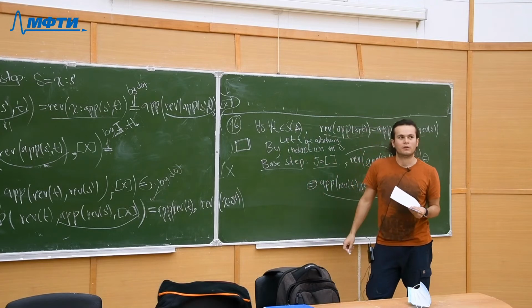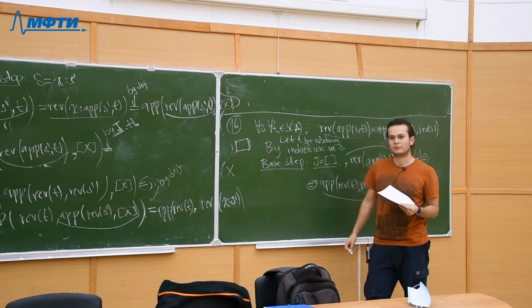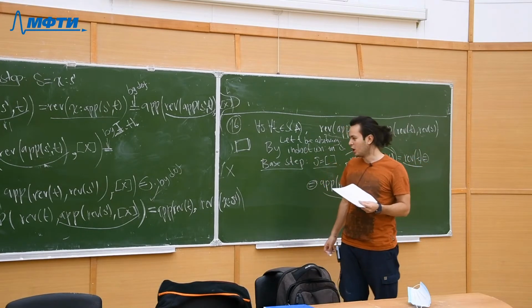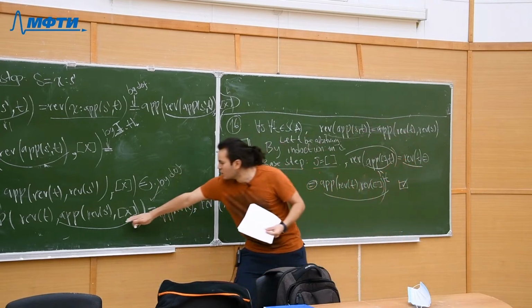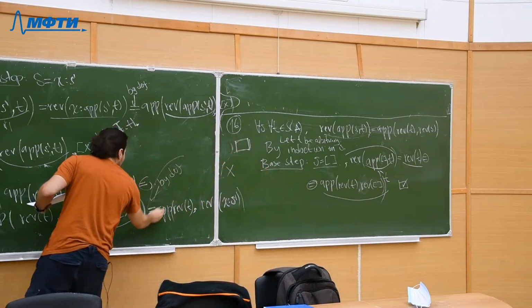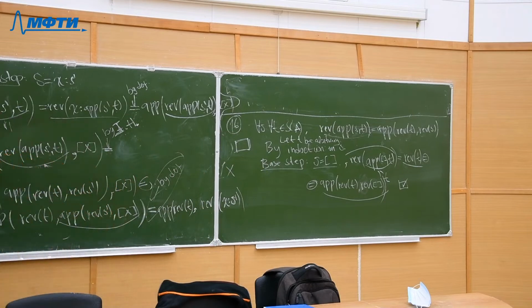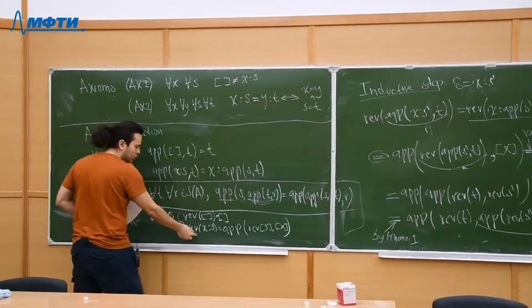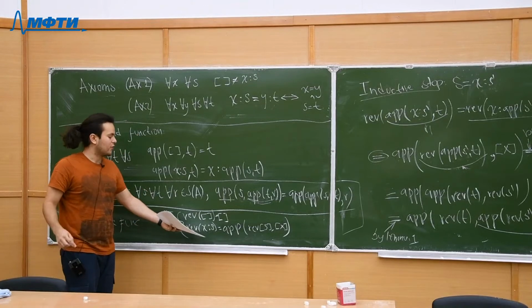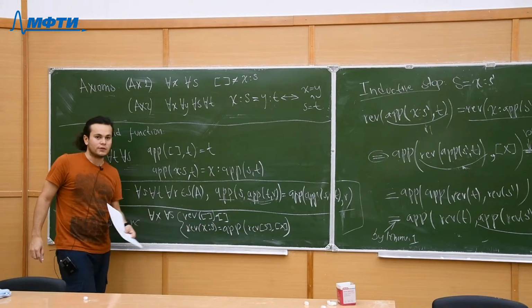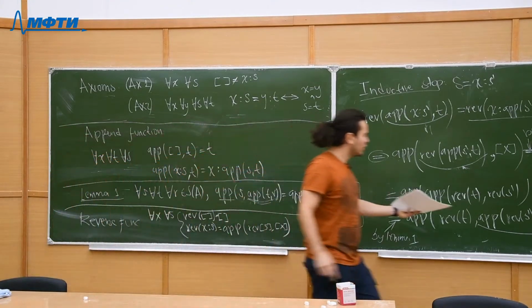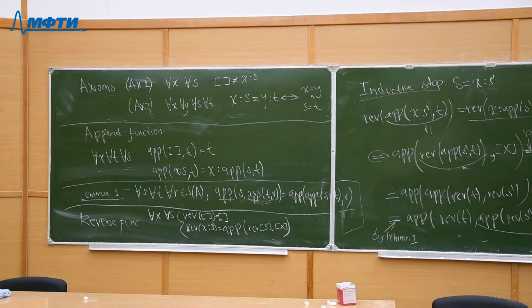Right? Now, what do you think? So we just change this by definition for this. So this by definition is equal to this, to the reverse function of x column s. So we change it, and this is going to be the same, and we change just this part.